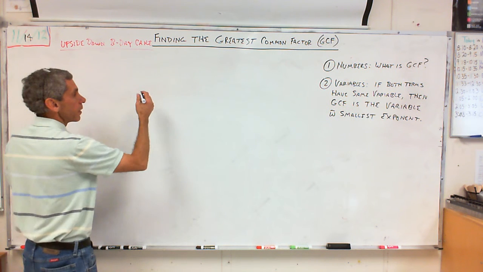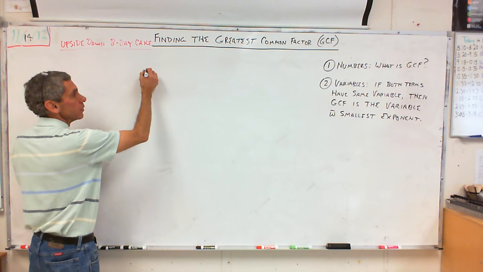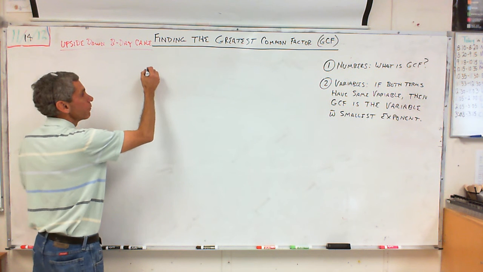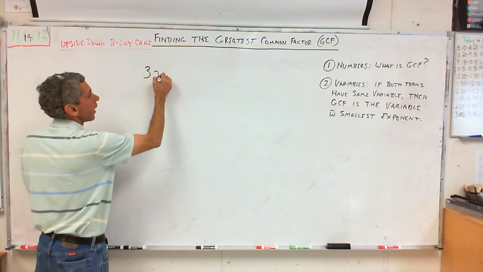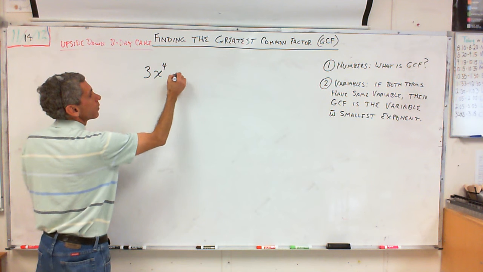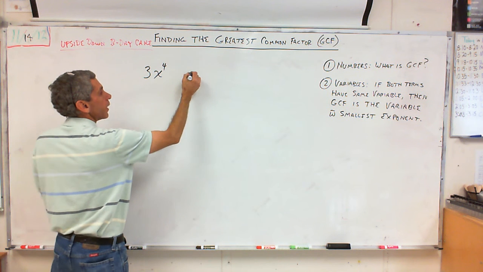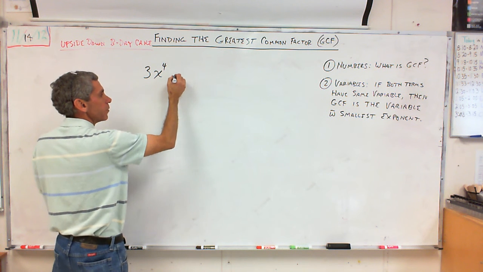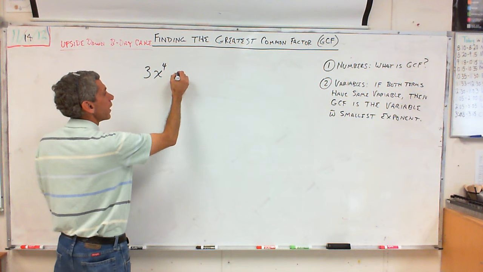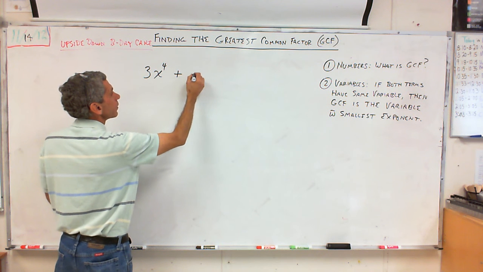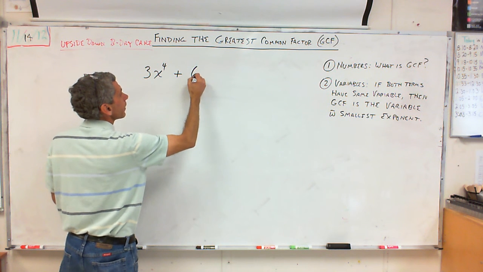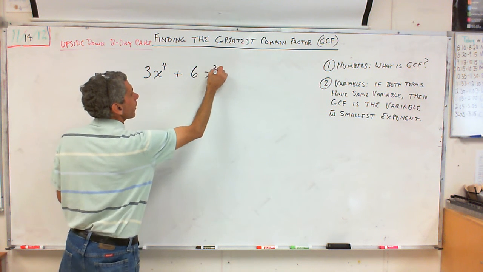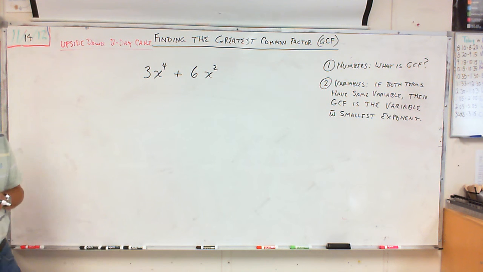So, now what if I gave you something like this? 3x to the 4th, and I'm going to put a sign in here now. Plus 6x squared. All right.